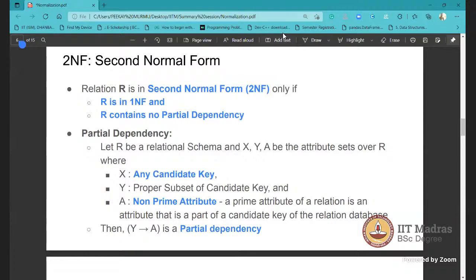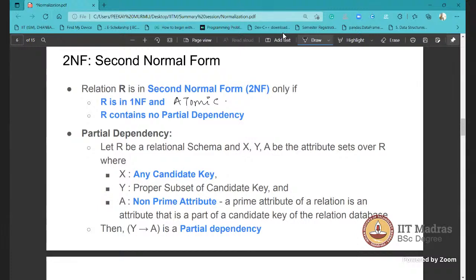First we look at the definition of second NF. A relation R is in second NF if and only if R is in first NF, meaning every column value should be atomic, and R contains no partial dependency.